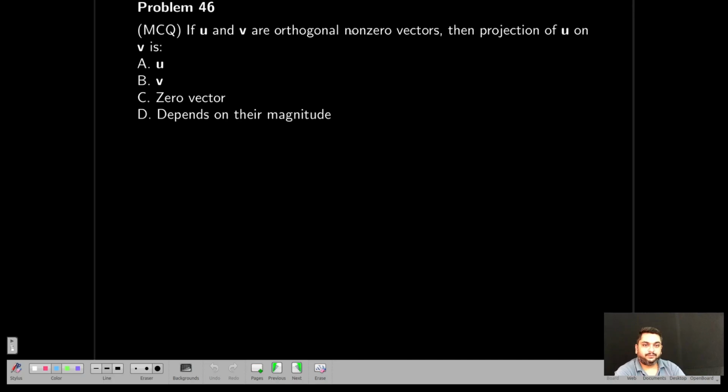If u and v are orthogonal non-zero vectors, then the projection of u on v is, okay. So there are two orthogonal vectors u and v.